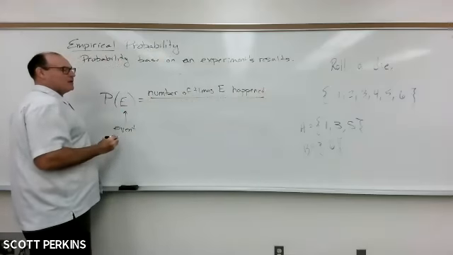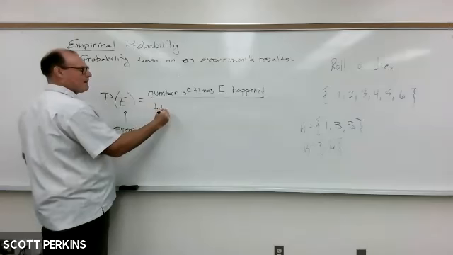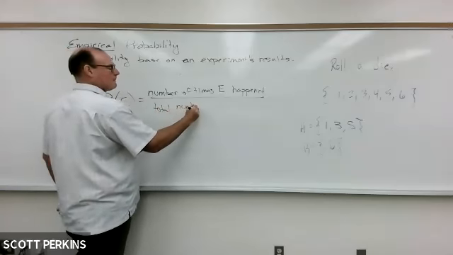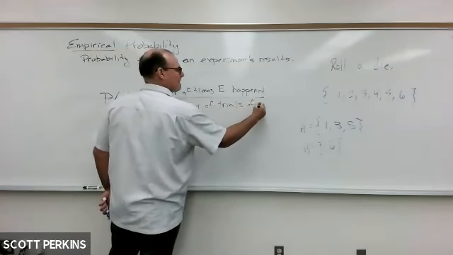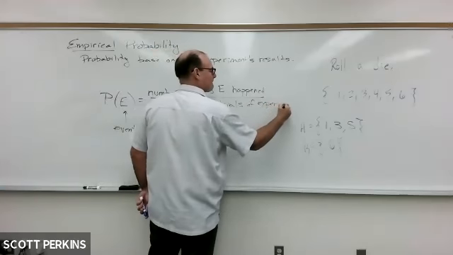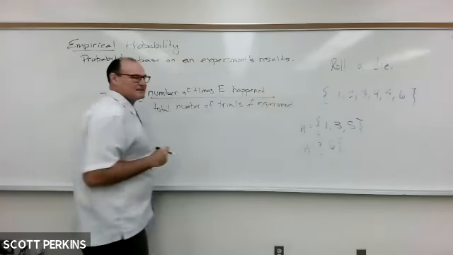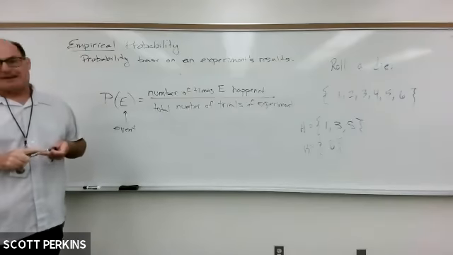And then in the denominator, you're going to put the total number of trials of the experiment. That's a lot of words for something that's actually pretty simple to calculate.